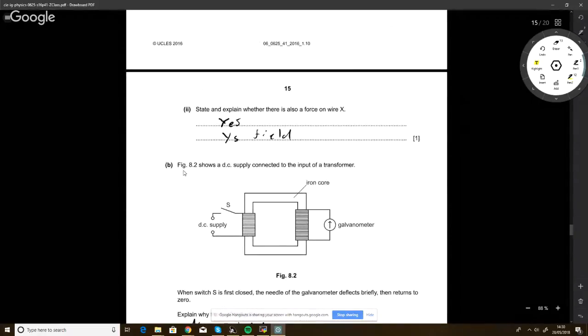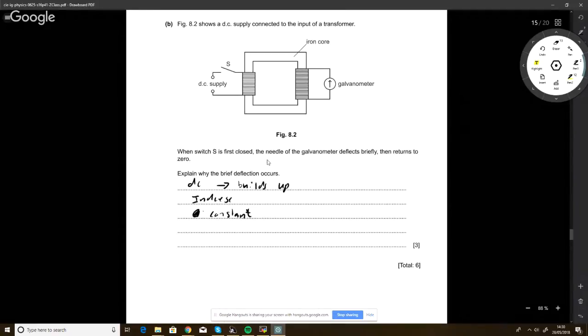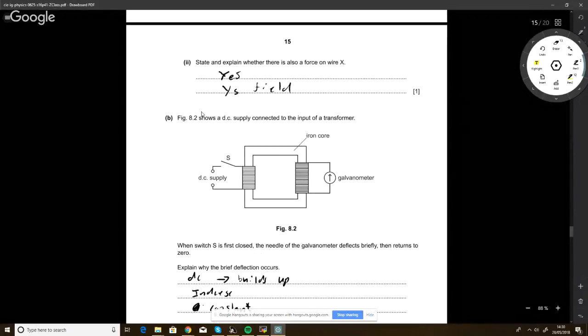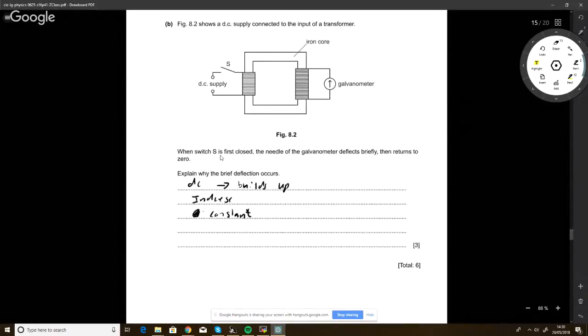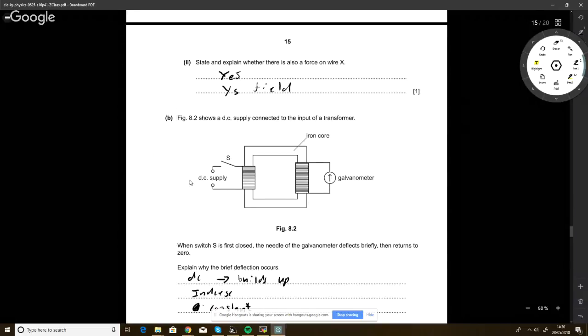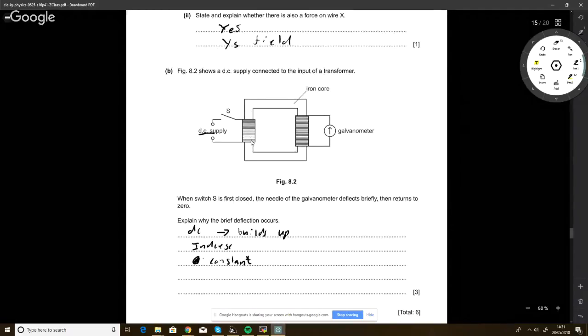All right. Figure 8.2 shows a DC supply connected to the input transformer. The question then says, when the switch S is closed, the needle of the galvanometer deflects briefly, then returns to 0. Okay, so because this is a DC supply, what's initially going to happen is an initial buildup of the magnetic field.